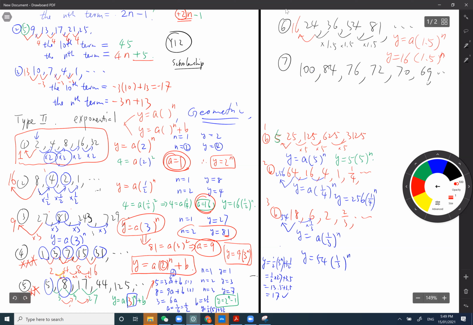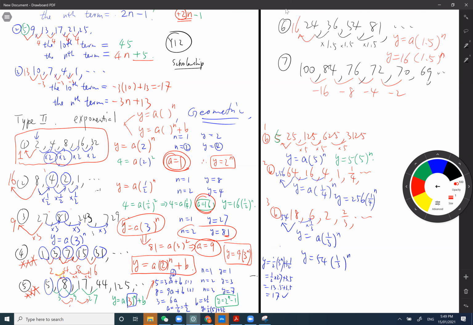This is a hard one, huh? For this one, the difference is negative 16. Negative 8. Negative 4. Negative 2. Wow. But anyway, it's about times half.